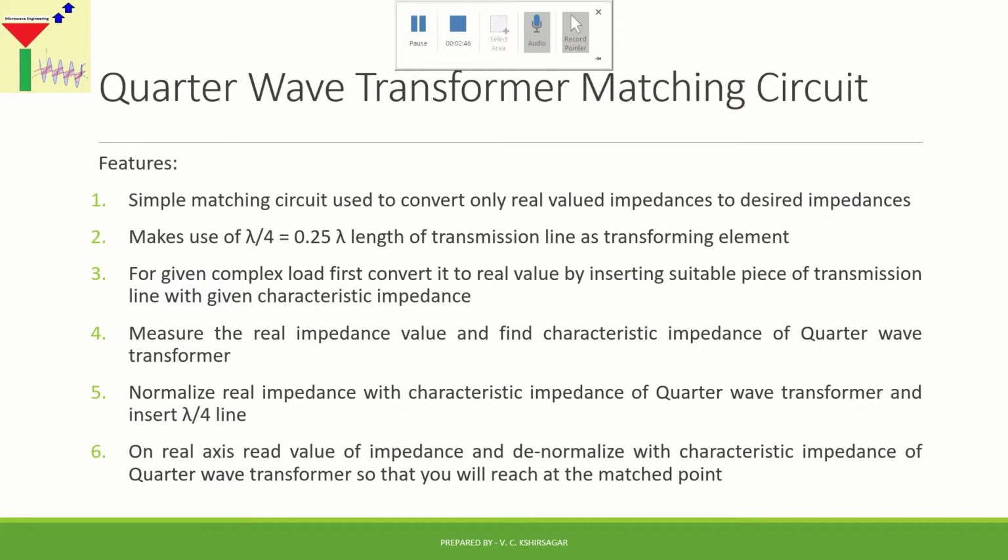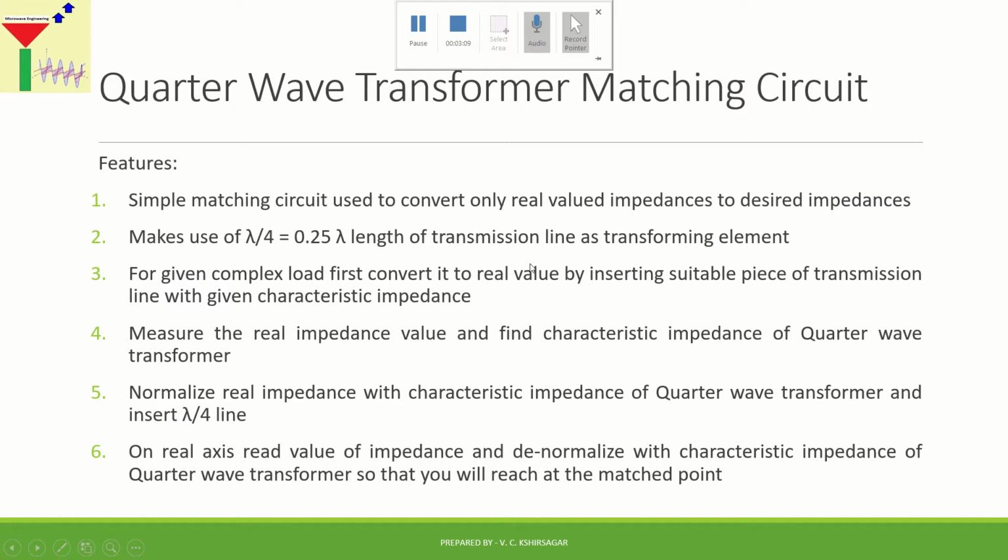This is a very important thing. Please remember, the quarter wave transformer is only used to match real valued impedance to the transmission line. So if we are provided with a complex load, we first need to convert that complex load into a real value of load, which we will see shortly.